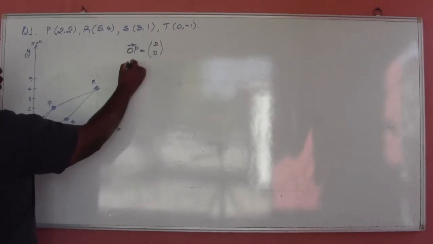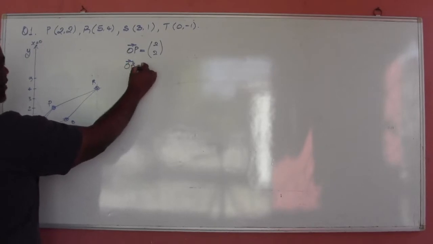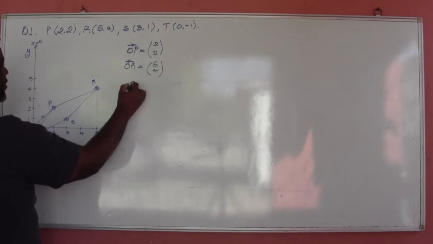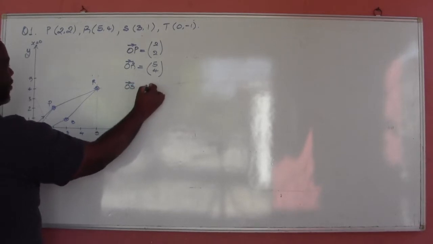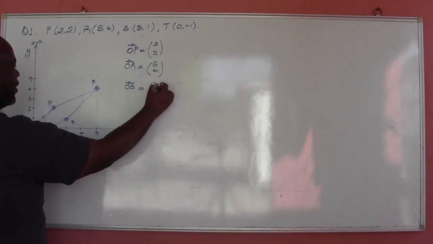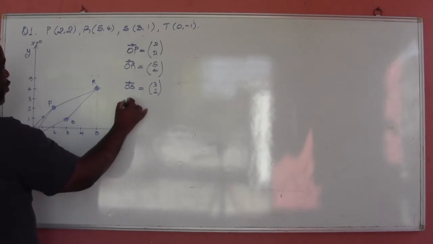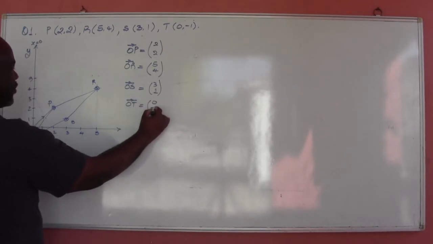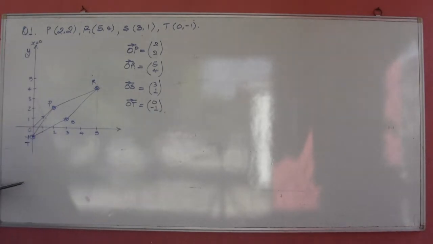So the position vector OR would be 5, 4. The position vector OS would be 3, 1. And the position vector OT is 0, -1. This is a given fact, that a position vector and the coordinates have the same value.